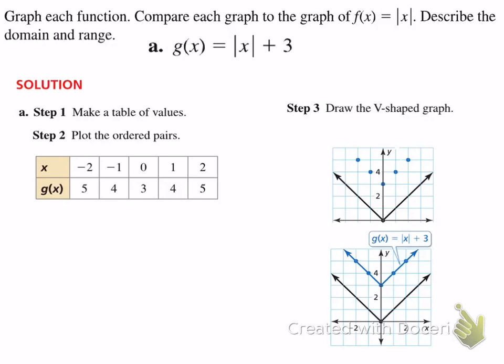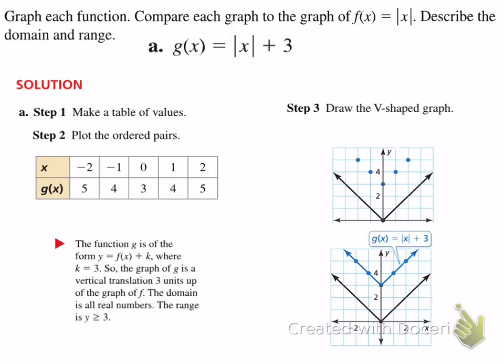You're going to look at your domain and your range, and you're also going to talk about, from the equation, what's happening. The original parent function has been shifted up 3 units, vertically. All right? That's basically what all of this is talking about. So we're going to ask that question every time we graph one.